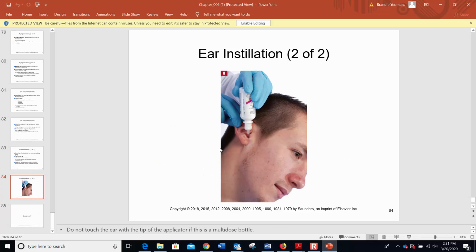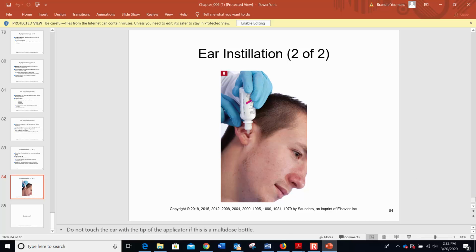But we're going to be sure to instill those drops very carefully so that it doesn't drop directly onto the tympanic membrane, because that can be just as painful as dropping eye drops onto the eyeball. So we want to position the patient to where those drops can run down the ear canal versus dropping directly onto the actual tympanic membrane.